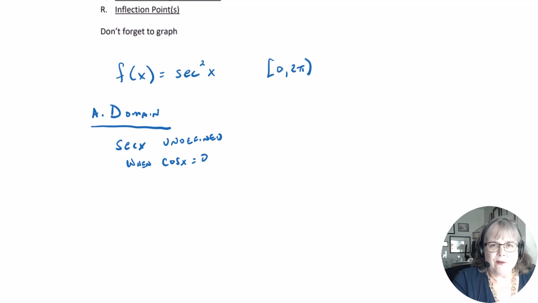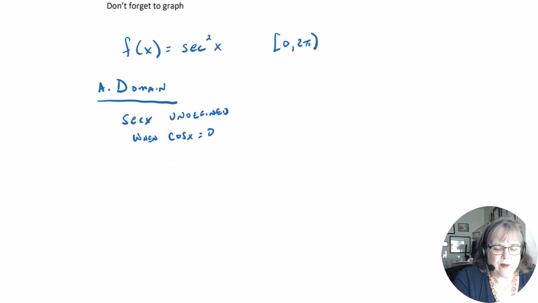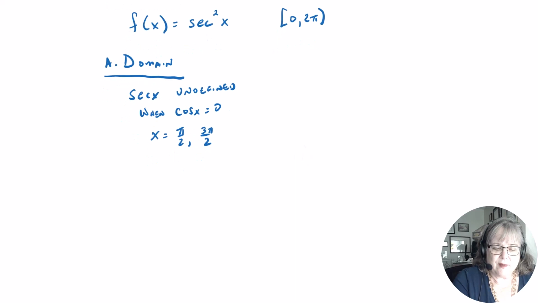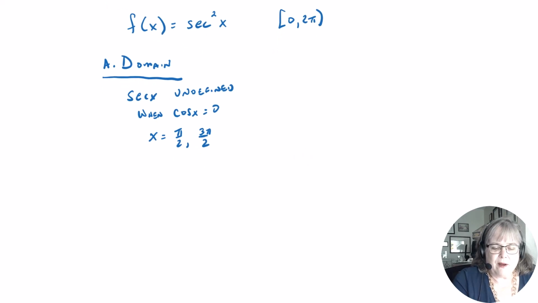And for the interval that we're talking about, it's equal to 0 when x is pi over 2 and 3 pi over 2. So when x is pi over 2, 3 pi over 2, cosine is equal to 0. 1 over 0 is undefined.